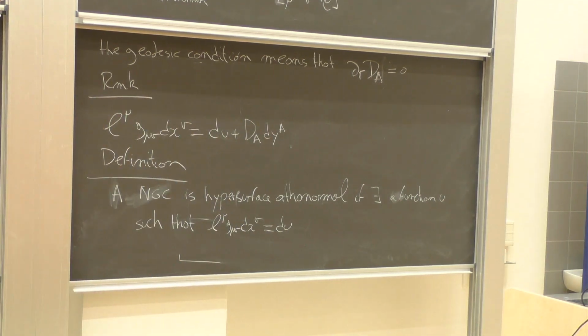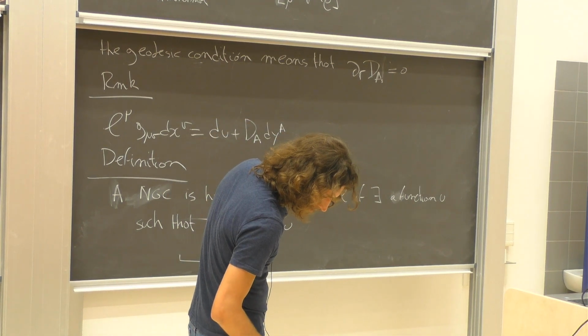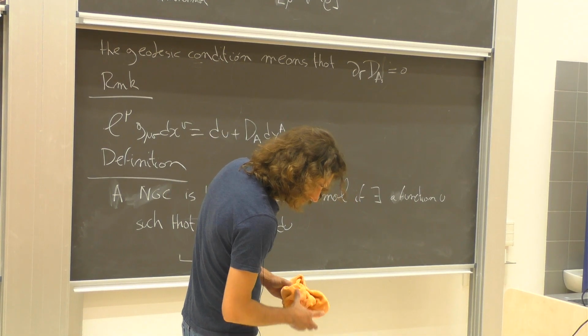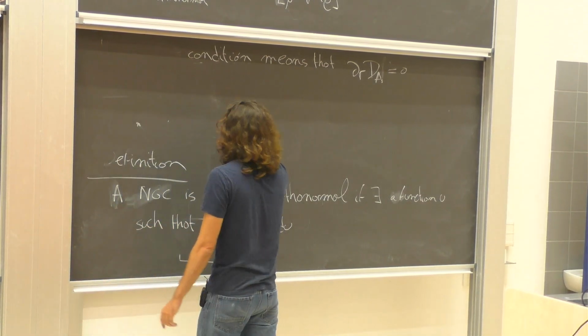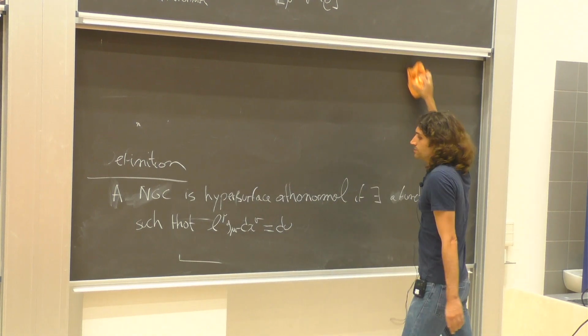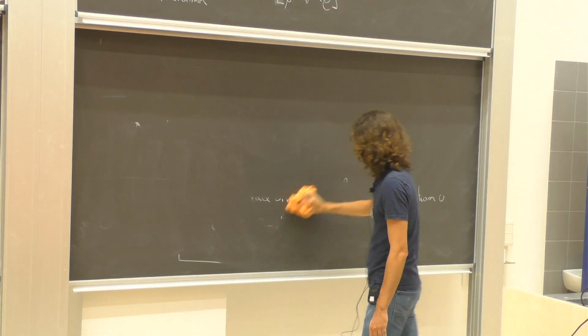It's a useful notion in many contexts. And so the point is that when we have a null geodesic congruence, we already have a null vector field, which is chosen. So then we can construct null tetrads which are adapted to the null geodesic congruence.